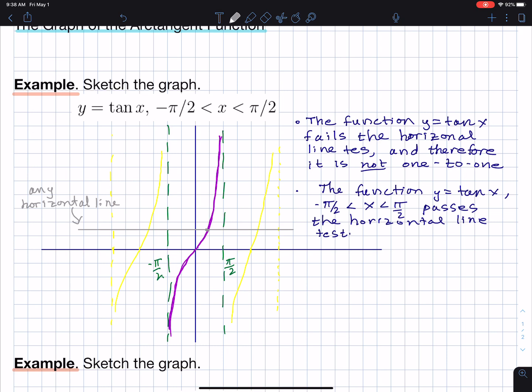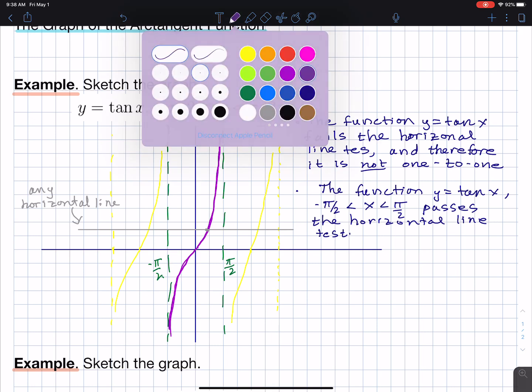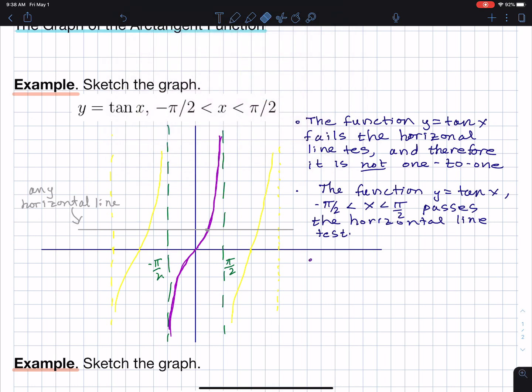We can see that any horizontal line intersects only one time. So why would I even bring that up? Therefore, y equals tan x, and I'm going to write this with x in negative pi over 2 to pi over 2, that's another way to write it, is invertible. It has an inverse.